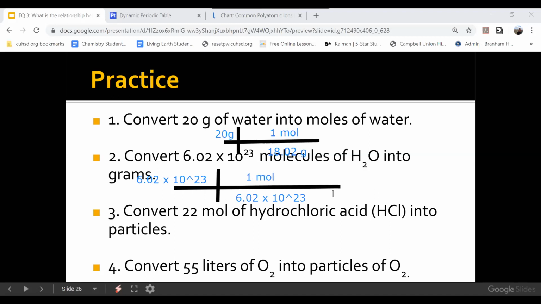I was just looking at the problem going, this one should be really straightforward. We're going to then have 1 mole of water, and that's going to equal the grams, which is 18 of water, which is that formula mass or molar mass. And the cool thing about this problem is we know the answer.